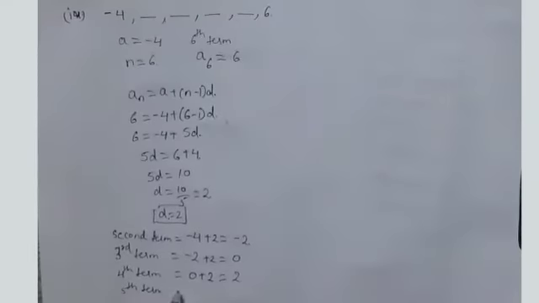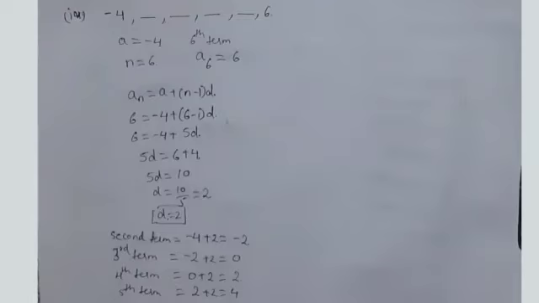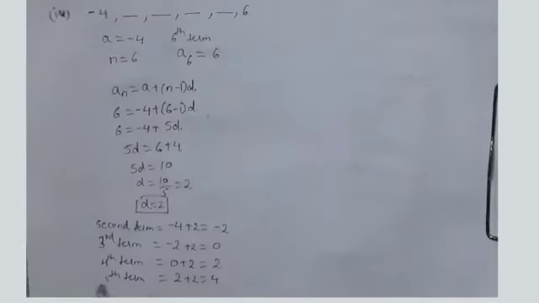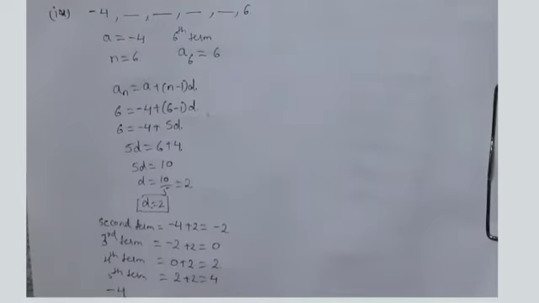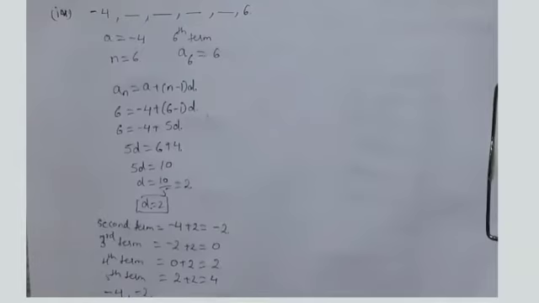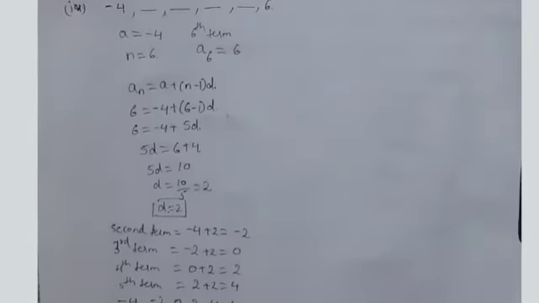Fifth term is equal to 2 plus 2, that is 4. And sixth term, children, now to this 4 if you add 2, you should get 6. So 4 plus 2 is once again 6 for us. So what is the given sequence? Minus 4, minus 2, 0, 2, 4 and 6.